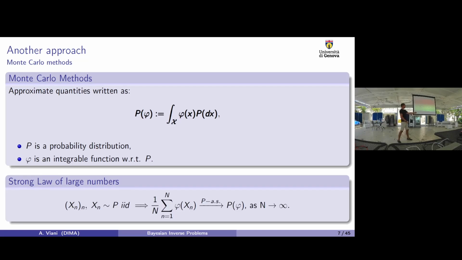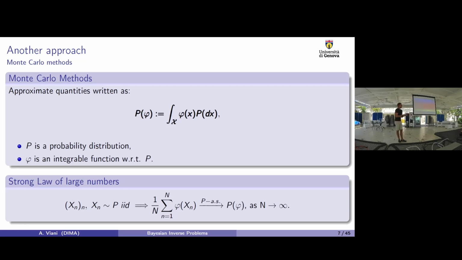In fact, if we are able to sample multiple times, a lot of times, random variables distributed as p, so as the measure of the integral, then we are able to approximate almost surely the integral. Of course, we need that our samples are independent and also distributed as p.